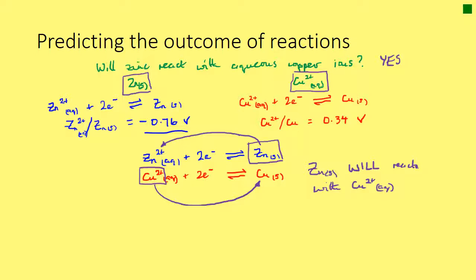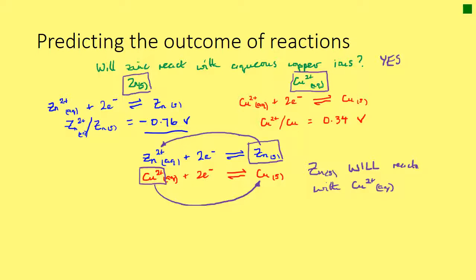So you see we've got 2 anti-clockwise arrows there. Then you look at the non-pointy ends, the starting ends of the arrows, to work out if the reaction would happen. If we look at the starting ends of the arrows, we've got zinc and we've got copper 2 plus ions.